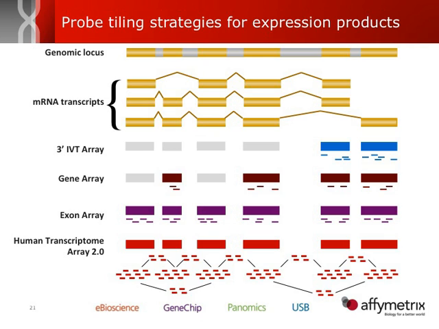But with the Human Transcriptome Array, we'll take this one step further. Not only are we going to increase the density of the probes that interrogate each exon, so on the exon array, the first generation whole transcript array, we have about 4 probes that interrogate each exon. Now with the Human Transcriptome Array, we have 10 probes that interrogate each exon.